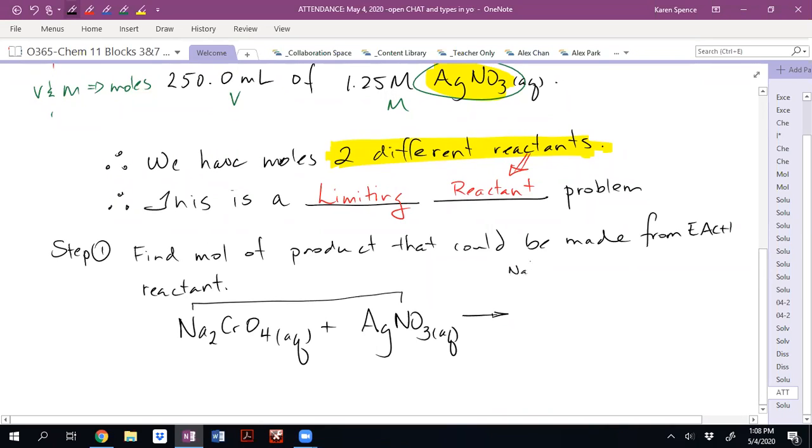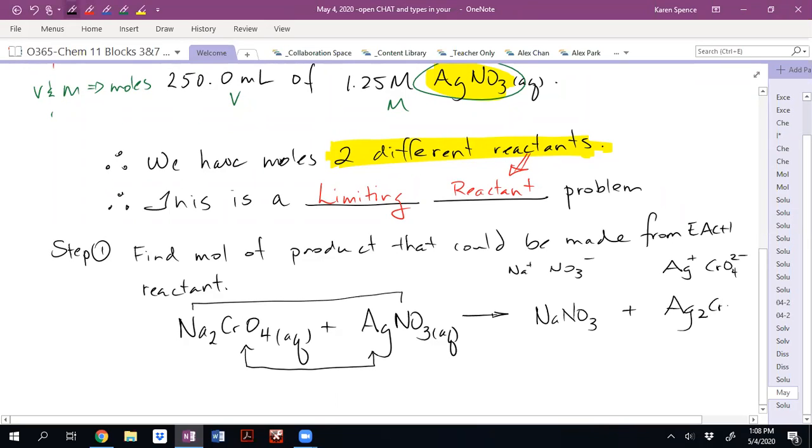Na is positive, NO3 is negative, so our formula is NaNO3. And our chromate is going to get together with silver. Silver is +1. Chromate, you can look that one up, it is -2. So that's going to be Ag2CrO4.